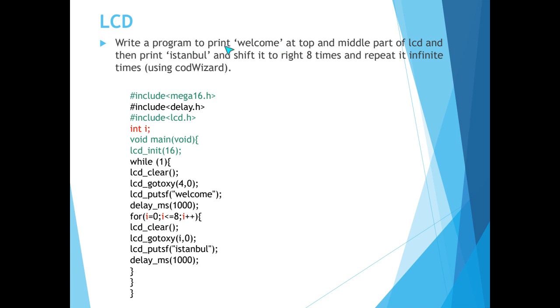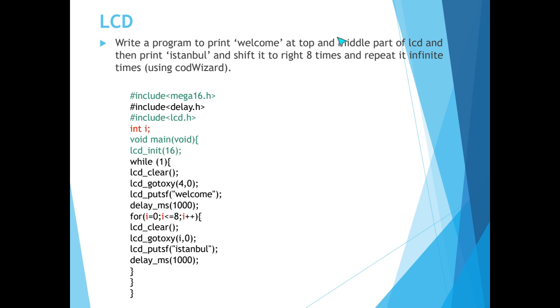It means that for printing welcome at the middle part of the LCD, at the top of the LCD, our LCD includes 2 rows. When it talks about the top of the LCD, it means that we write it in the first row. To do that, it's only required to set the cursor in row 0, which is indexed by 0, and it means that it is the first row.